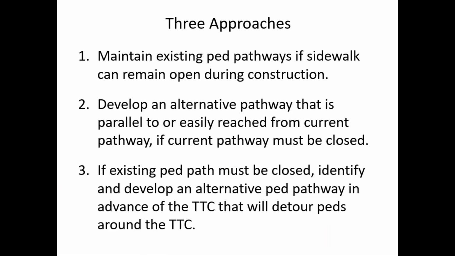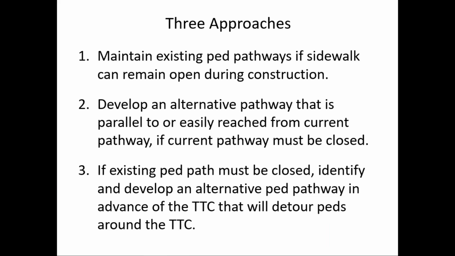But if we can't do that, then develop an alternative pathway that's parallel to or easily reached from the current pathway, if that current pathway is closed. For example, maybe there's on-street parking on the street. Can we detour pedestrians to what had been the parking lane and have them in the street for some distance?